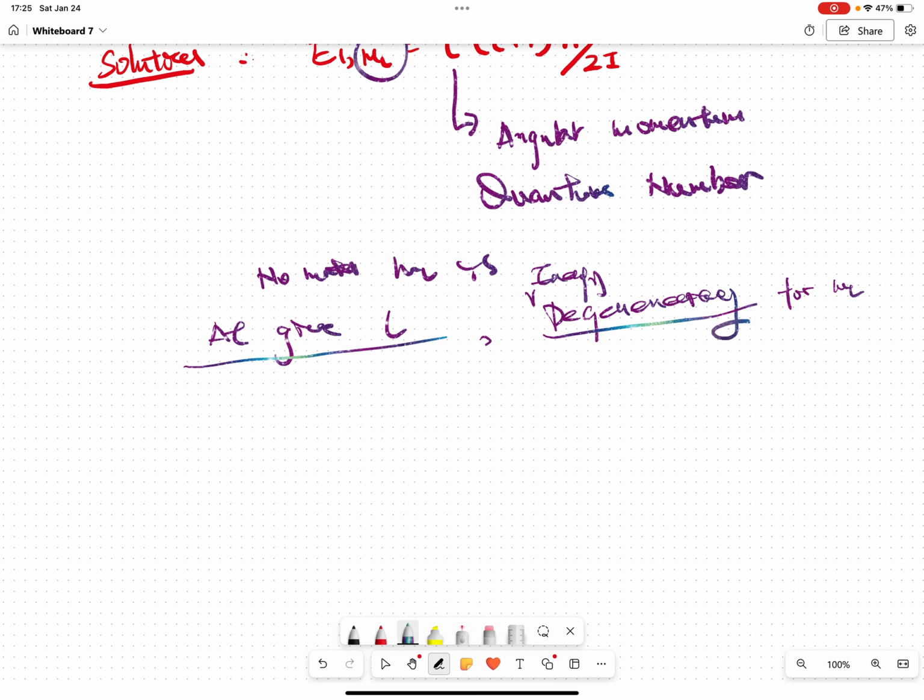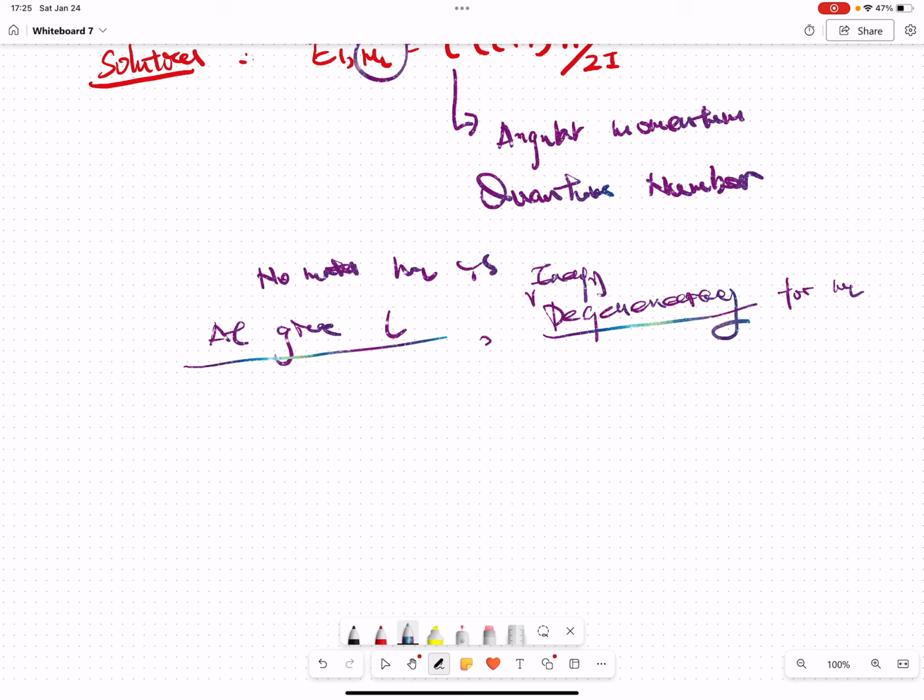Again, that's for the case without an external field. Once you have the field, it's going to be a little bit more complicated than that. That's all I expect you to know.